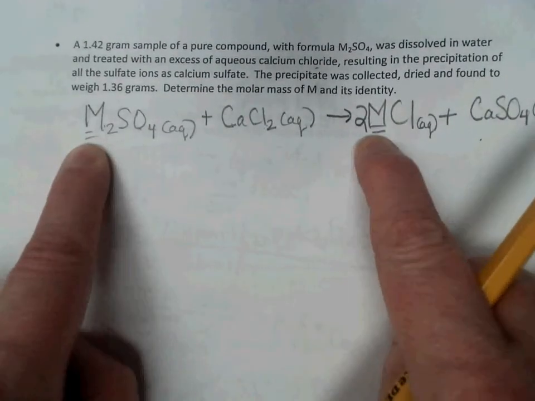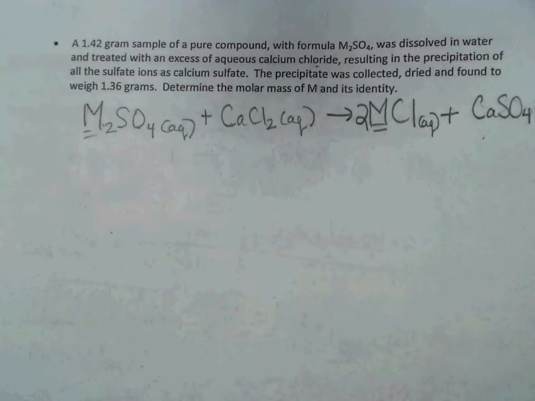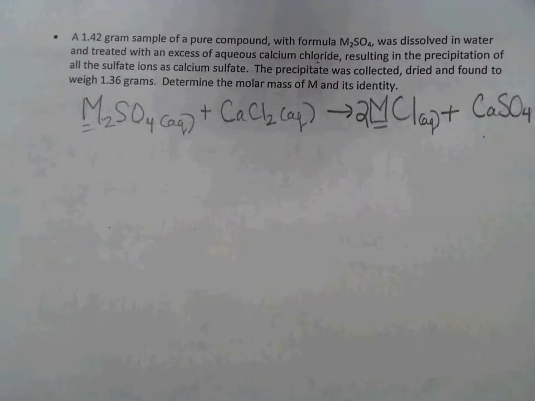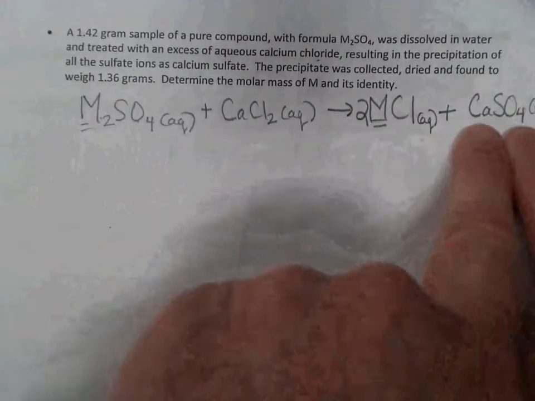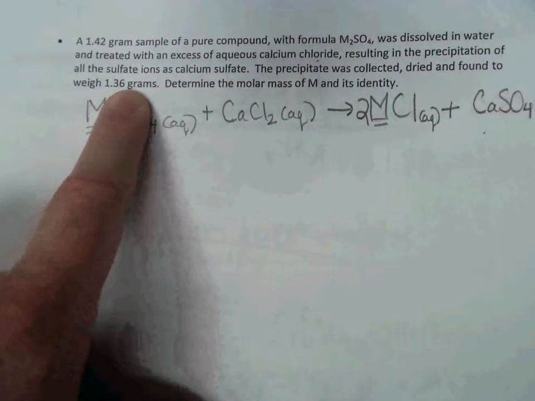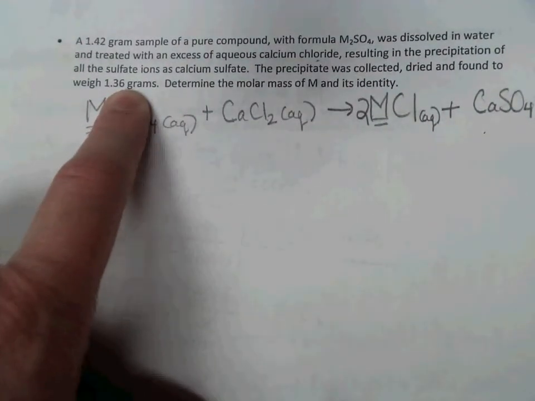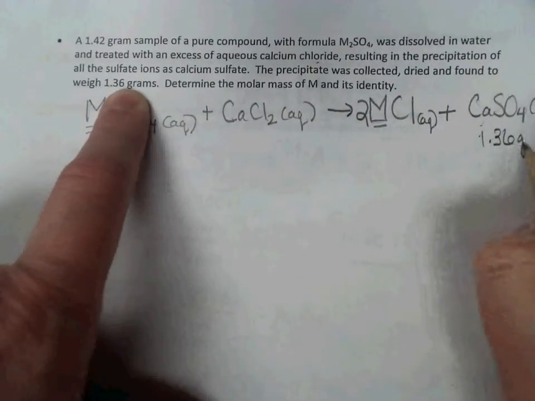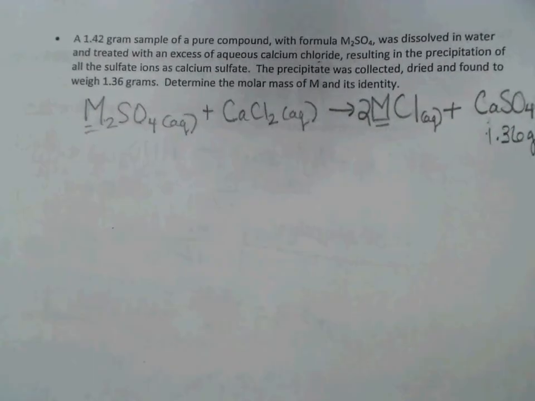All right, I'm just looking at my unknown here and keeping an eye on it. I'm not sure what that is. What do I know the mass of? I know the mass. It said I separated it out and dried it and had 1.36 grams of that solid, right?